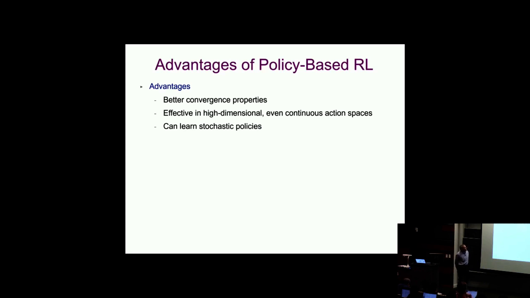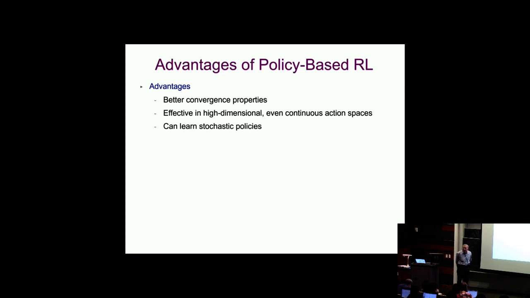But the advantage of learning a policy directly is that we can make pretty good guarantees about convergence properties, just based on training the policy with the right sample of data. We'll say more about that as we go.